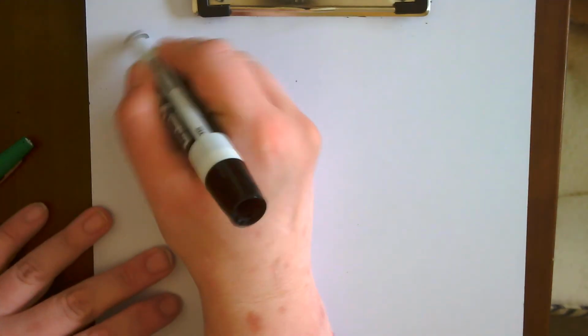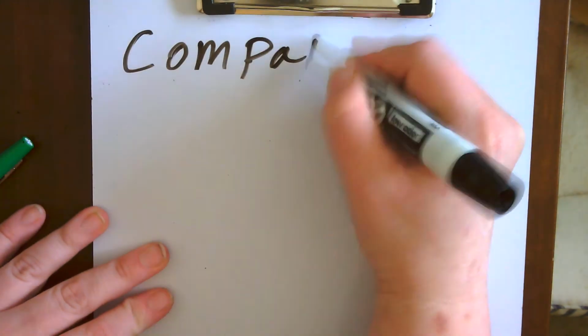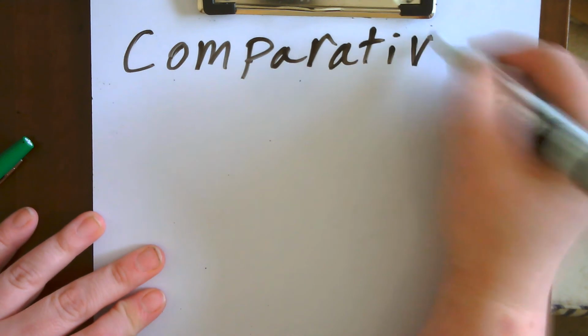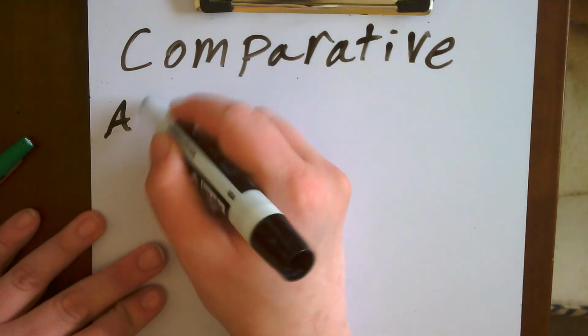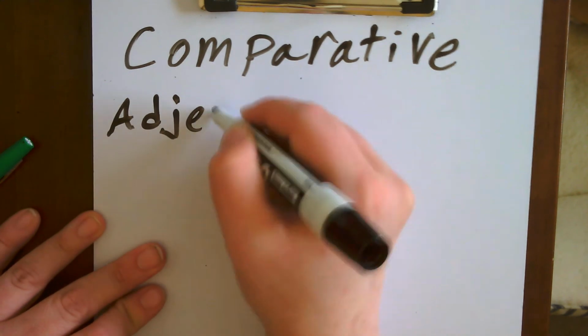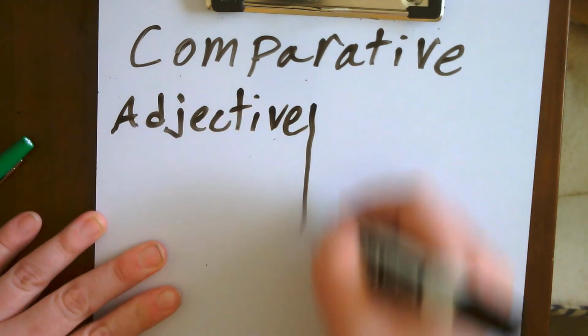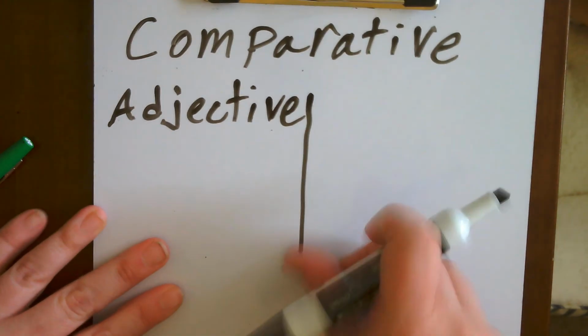Let's look at comparative. So, there is one main way to make an adjective into its comparative form. Now, I'm not going to use all that space, so let's take that up a little bit.